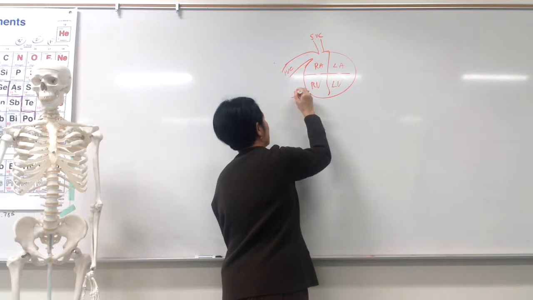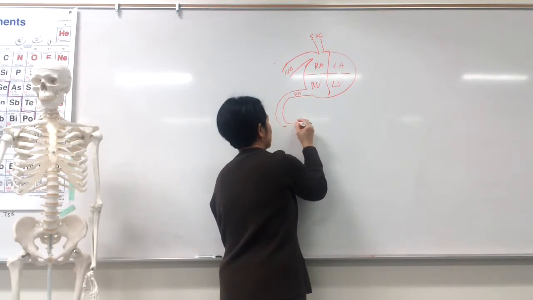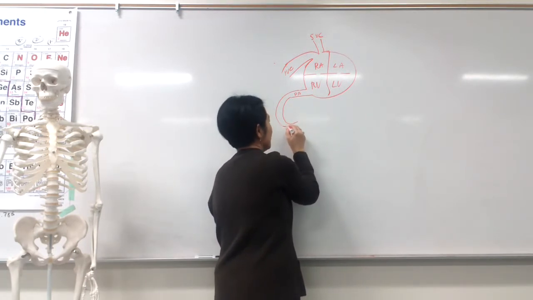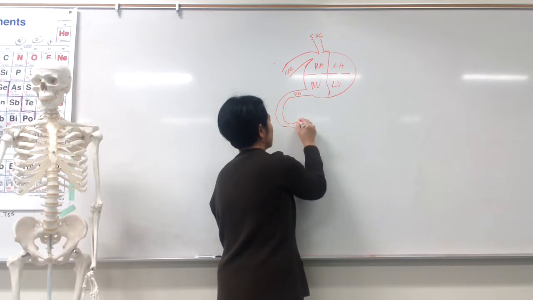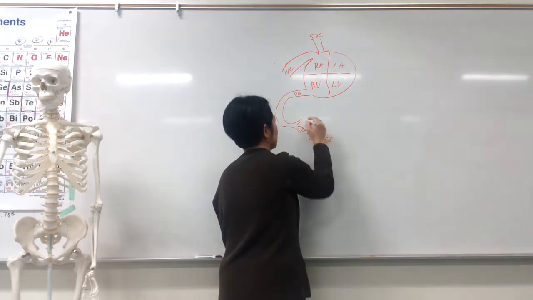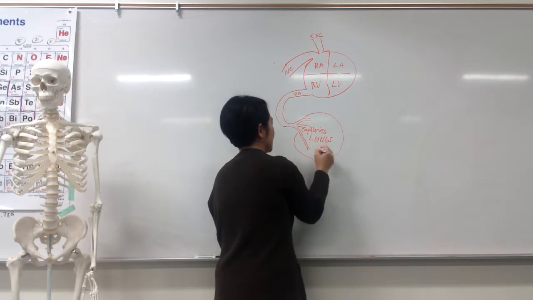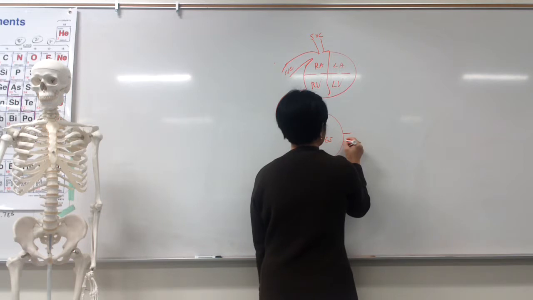This is your pulmonary artery going to the lungs, right? And then the artery breaks into capillaries in the lungs. There are your capillaries, where it picks up oxygen and unloads the carbon dioxide, and it leaves.